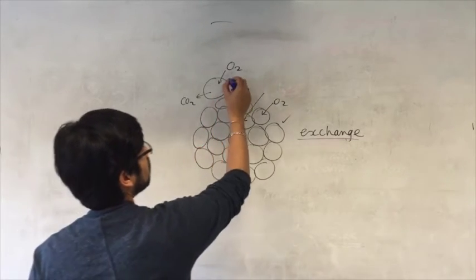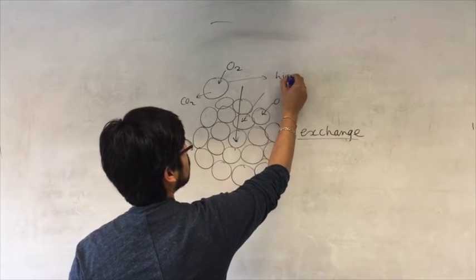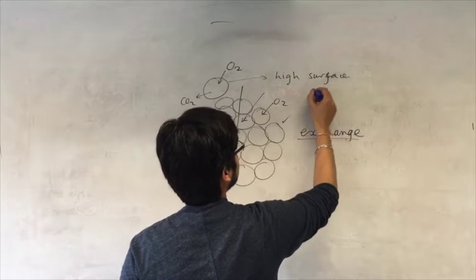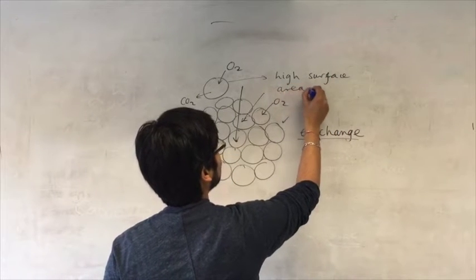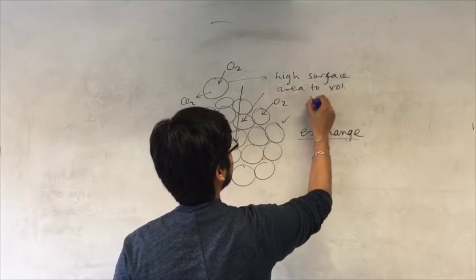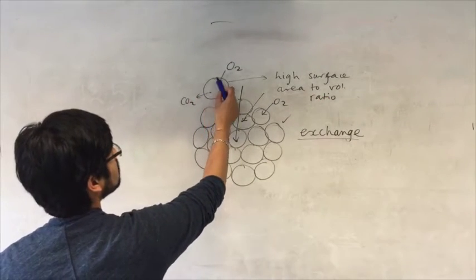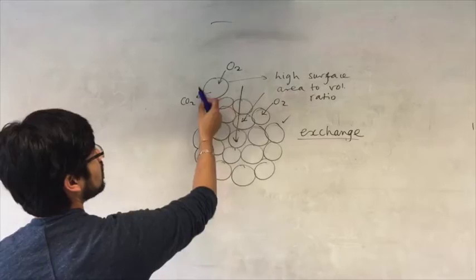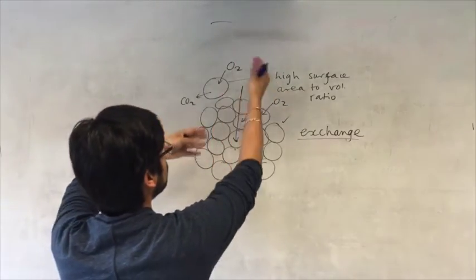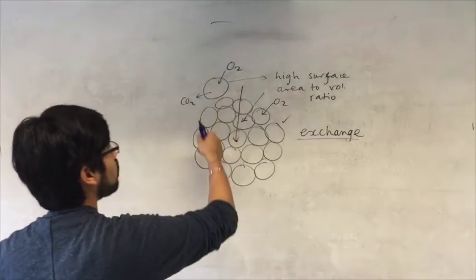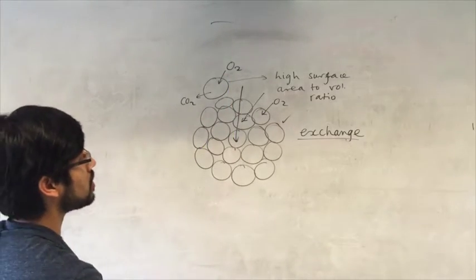This cell has a very high surface area to volume ratio. Its entire surface area is effective and it is able to exchange materials, be that oxygen into the cell or carbon dioxide out.